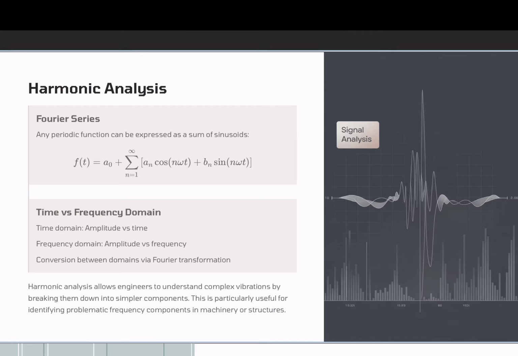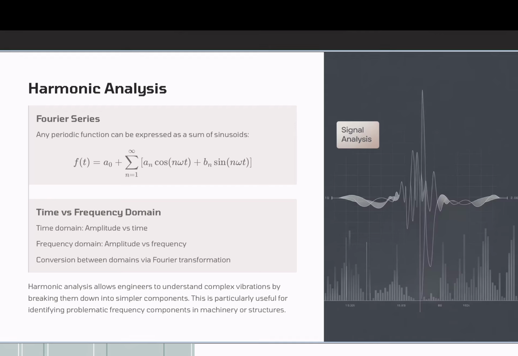Time domain versus the frequency domain. Here we can look at vibrations in two different ways. In the time domain, we plot amplitude versus time, which shows how the vibration changes over time. But in the frequency domain, we plot amplitude versus frequency, which tells us which frequencies are present in the vibration. We move between the two domains using the Fourier transform.